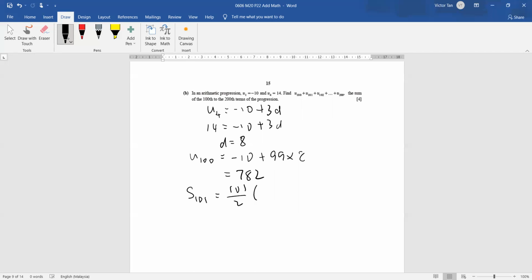So the sum is 101 over 2, times 2 times 782 plus n minus 1, which should be 100, times the difference, which is 8. So this equals 119382. And that is the solution.